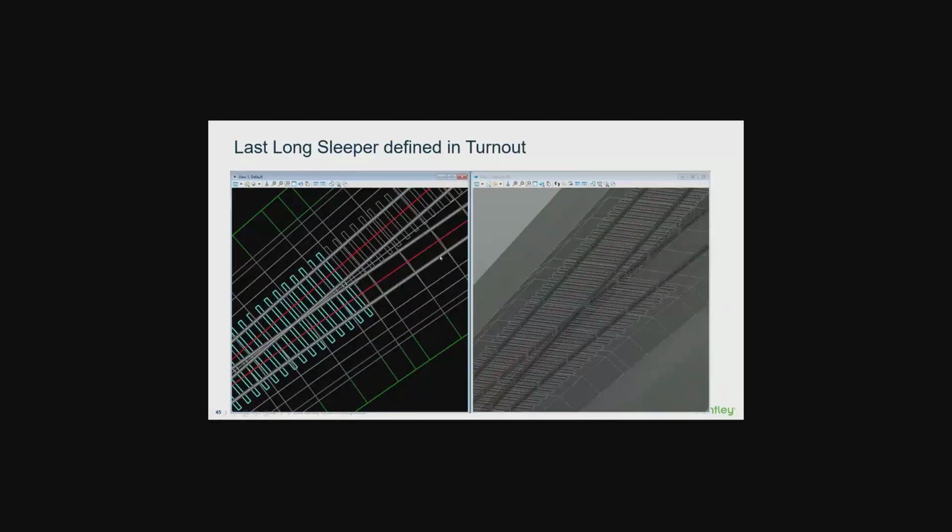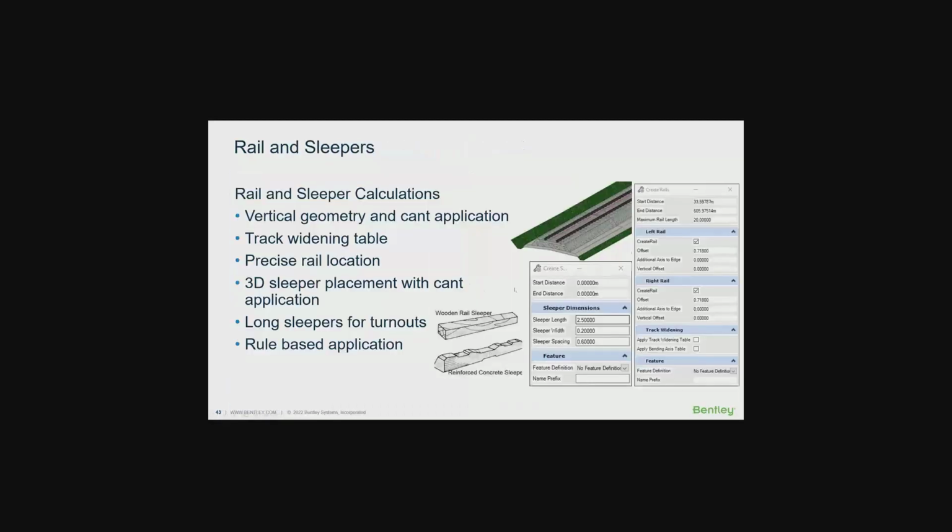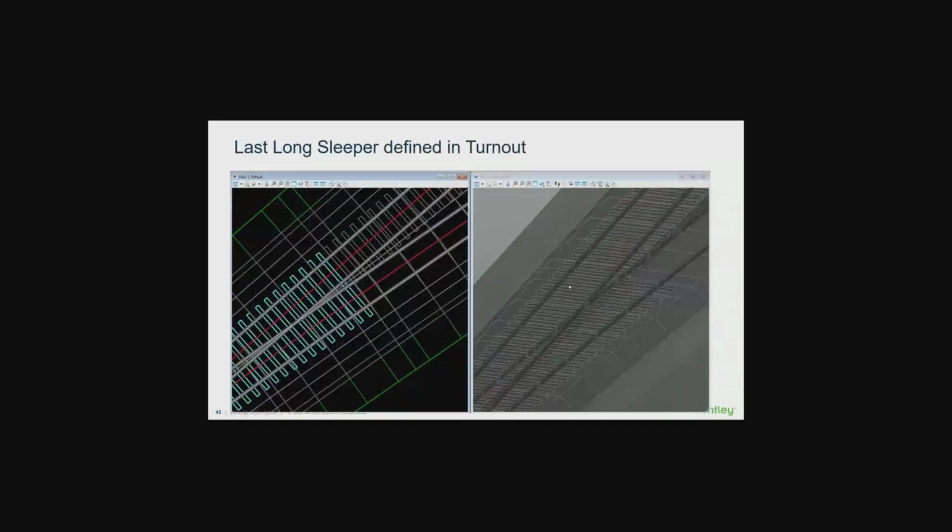You can achieve something similar to this, and you'd be able to make sure that if there are turnouts, your sleepers would adjust to the turnouts that you have in your model.